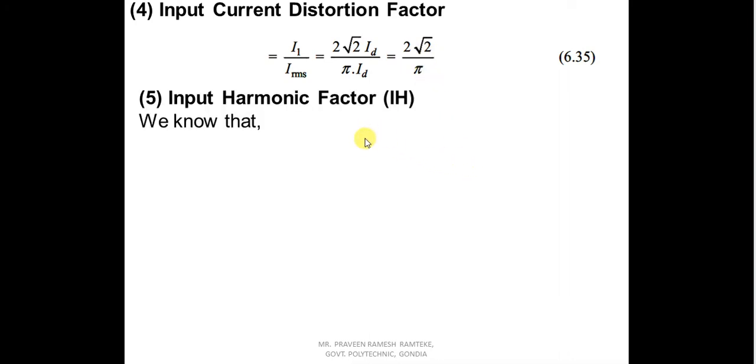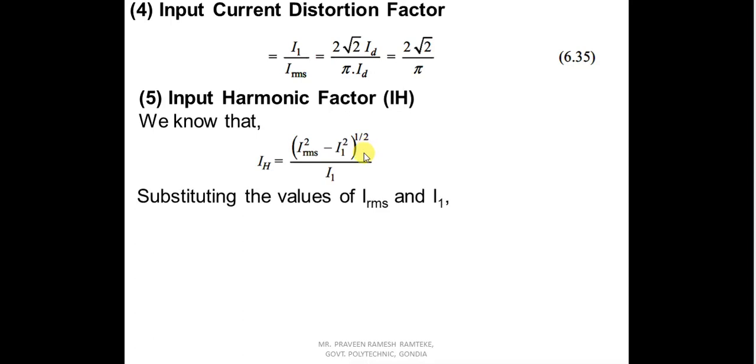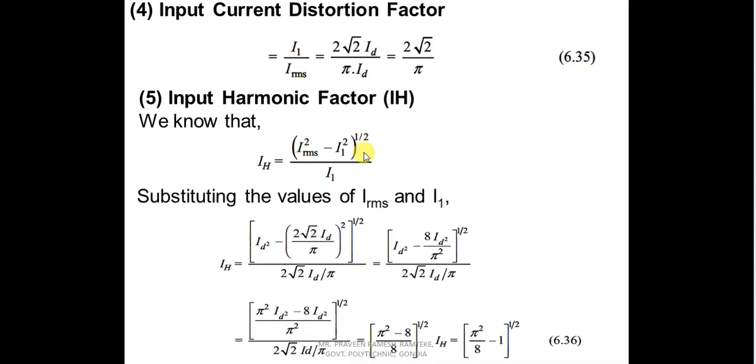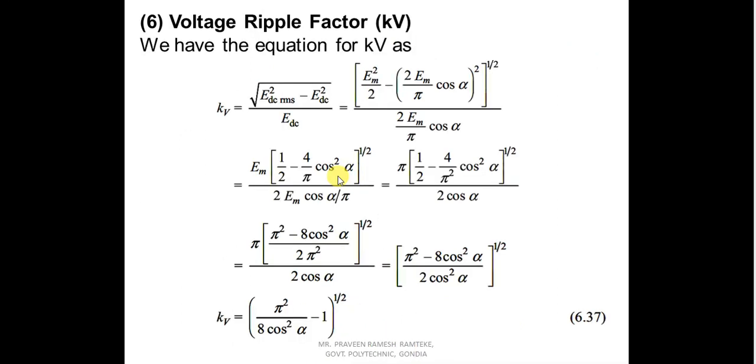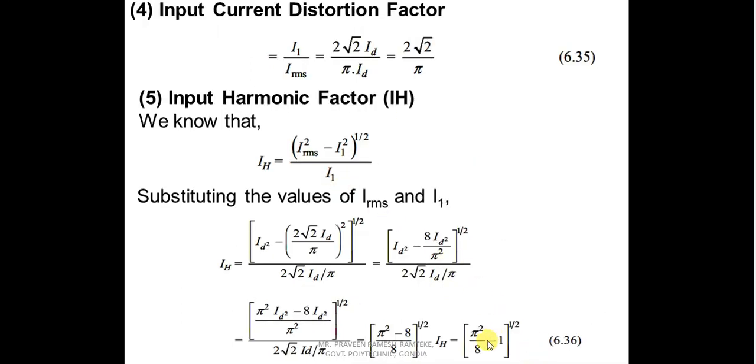Input harmonic factor IH equals the square root of the RMS value squared minus the fundamental component squared, divided by I1. Solving it, we get IH equals the square root of pi square by 8 minus 1.